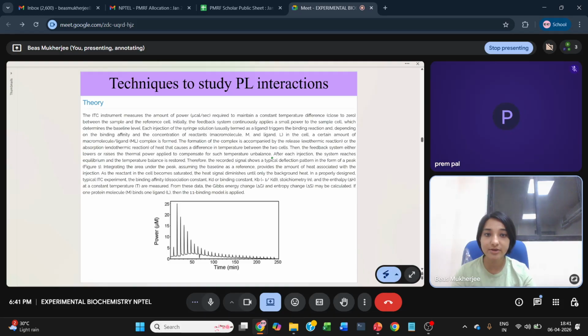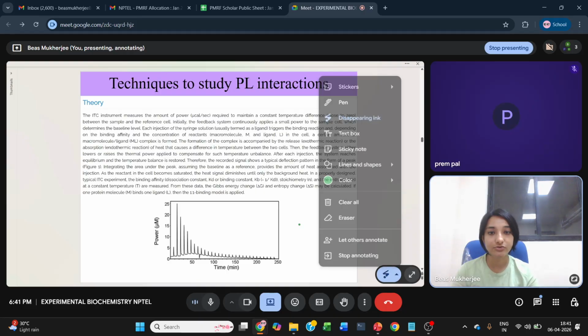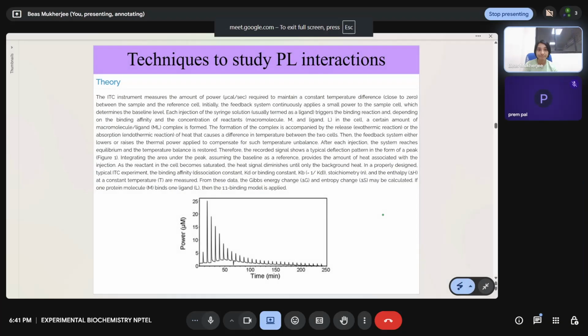So once again equilibrium is reached and the temperature balance is restored, right? Okay. So therefore the recorded signal shows a typical deflection pattern in the form of a peak. Okay, so all of these tiny lines that you're seeing, these are all peaks.